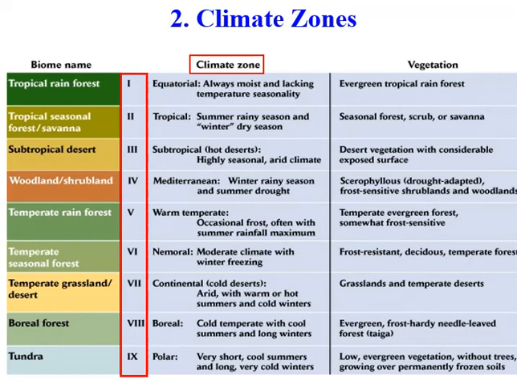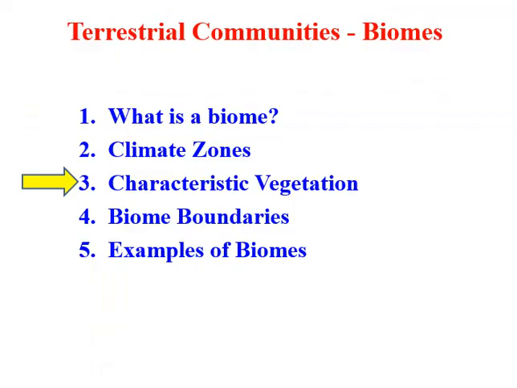And so it serves the purpose of being able to look at the Earth, at least a land part of Earth, terrestrial systems, communities, and classify huge parts of the Earth, huge parts of the land, into 9 different characteristic types of communities on a bigger scale that we'll call biomes.